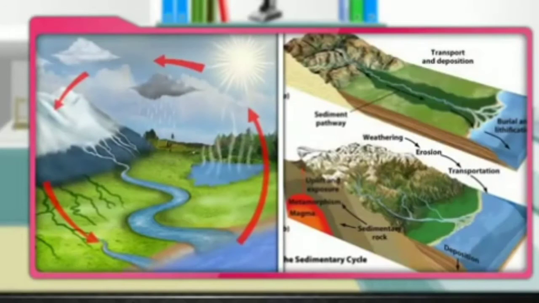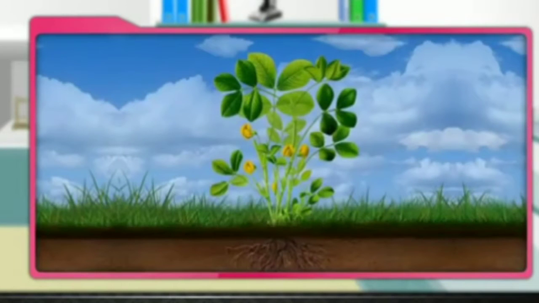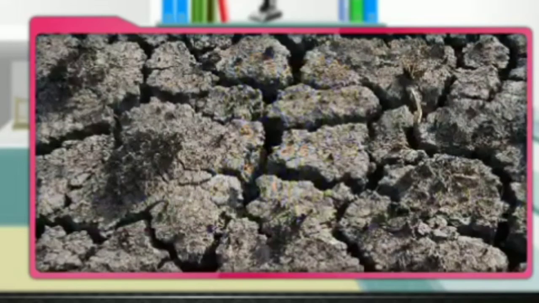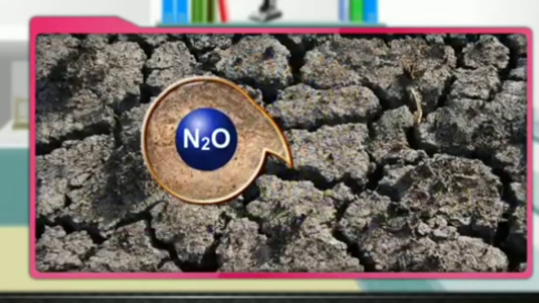Children, do you know this? The cycle of gases and the sedimentary cycle cannot completely separate from each other. For example, nitrogen is present in the form of gas in the atmosphere and in the form of compounds like nitrogen dioxide in the soil and sediments.